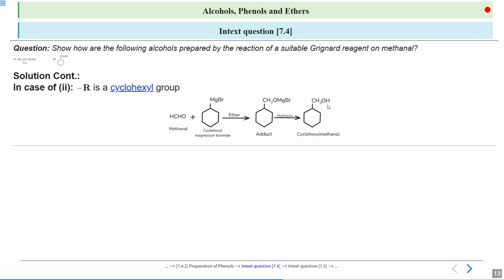So this is what you get when your R is a cyclohexyl group. So this is how you saw that when you take methanol and react it with a Grignard reagent, then treat it with hydrolysis, you get an alcohol. Whenever you are getting an alcohol, you will see that the OL group is there. That is the suffix we use in the case of alcohols.